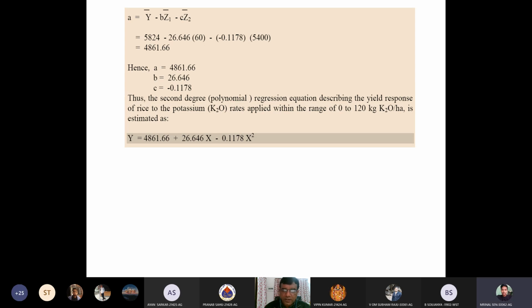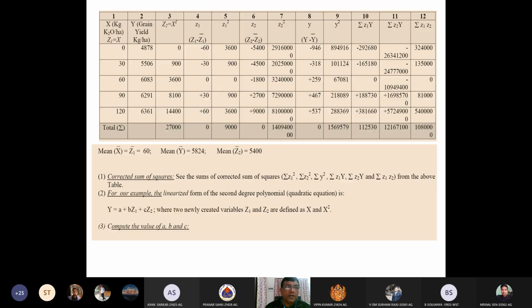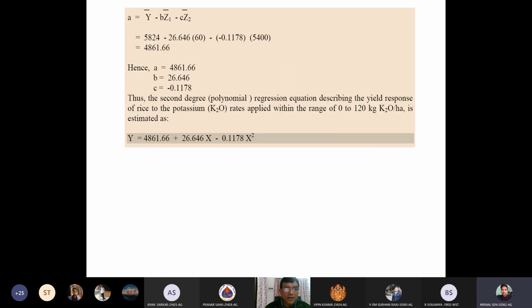So actually, that is the actual value. This is 4878, the actual value, observed data, and that is the predicted data that we found from the equation. So this 4861 is lying on the equation.